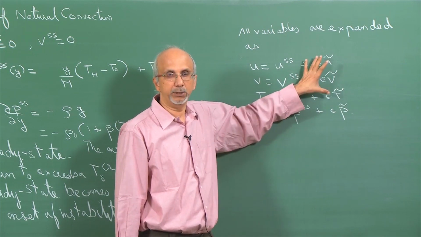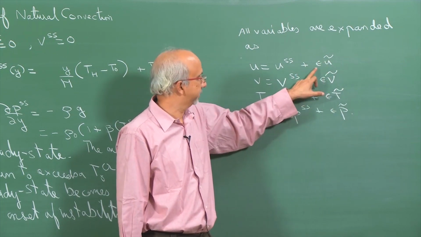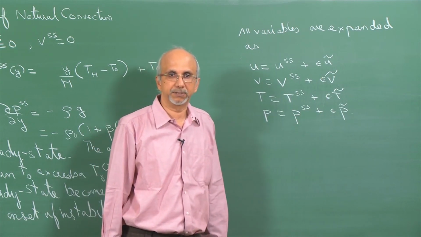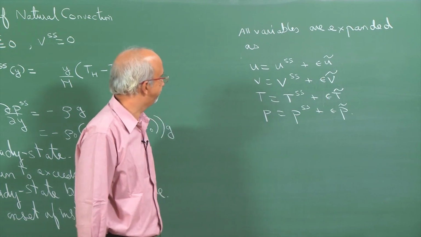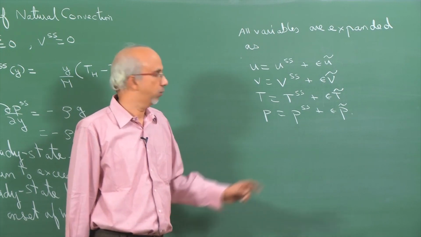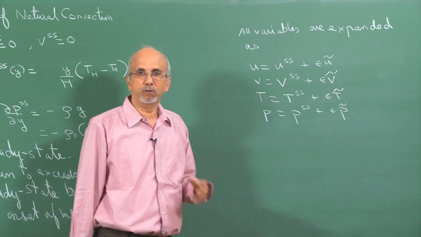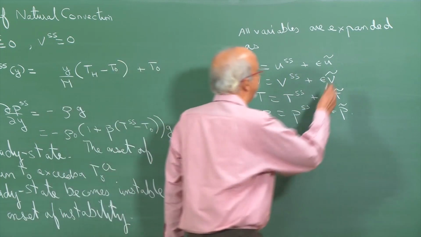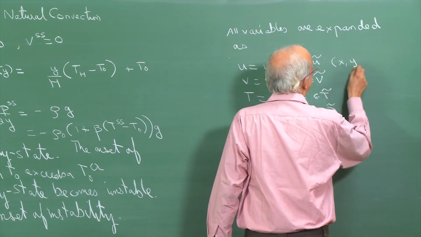The magnitude of the perturbation is small, and that is signified by the parameter epsilon in front of the perturbation. Now, our job is to find out how these perturbations evolve with space and time, and each and every one of these perturbations is going to be a function of x, y and t.